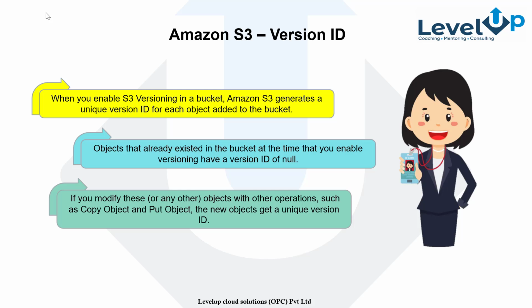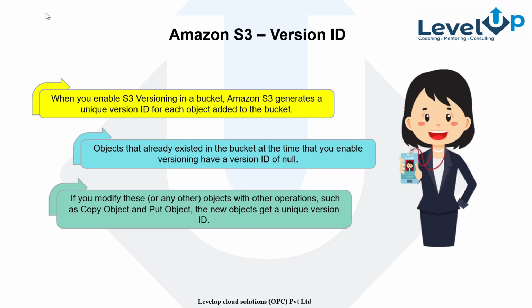If there is only one version of a file, by default the version ID will be null. When you upload another version of the same file, then the object will get a version ID. If you modify these objects with other operations such as copy object or put object, the new objects get a new version ID. That is about versioning.